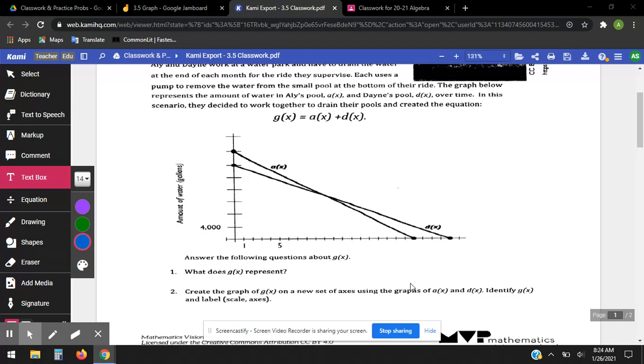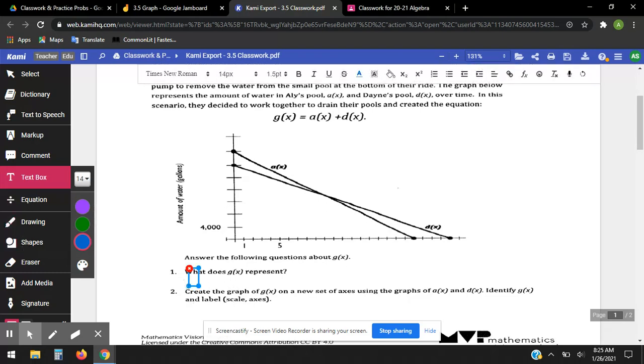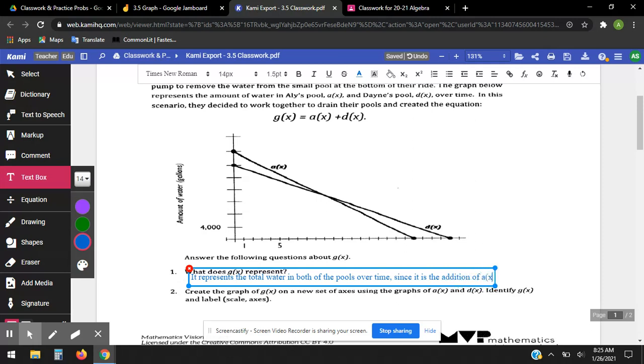What does G of x represent? Well, it represents the total water in both of the pools over time, since it is the addition of A of x and D of x.